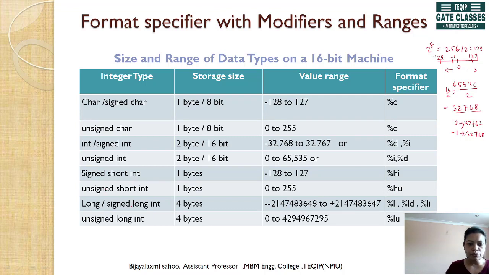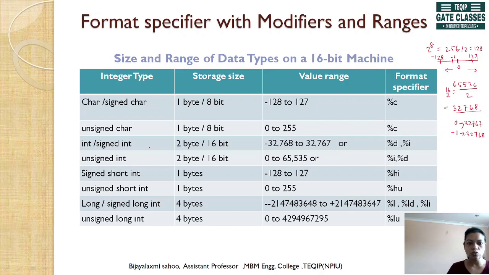Then if we want more size of integers, if we want to specify a larger value than the integer range, then 2 bytes is not sufficient, so we can increase the size. There is a facility for increasing the size of integer, or modifying the size of integer, by using the modifier long. So this is your signed long integer. As it is long, it is double the actual size of your integer.